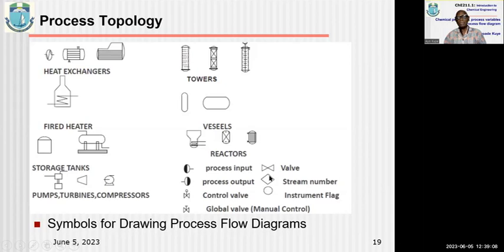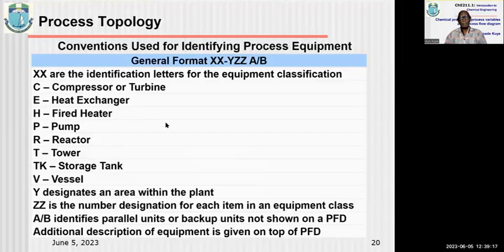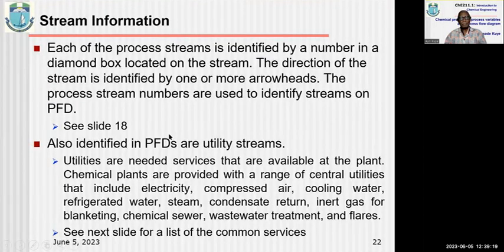It's usually in that diamond shape. That's what is done with the process flow diagram. Put the stream number in this. So those numbers are there, and then with your stream information, you will be able to give the summary for each of them.